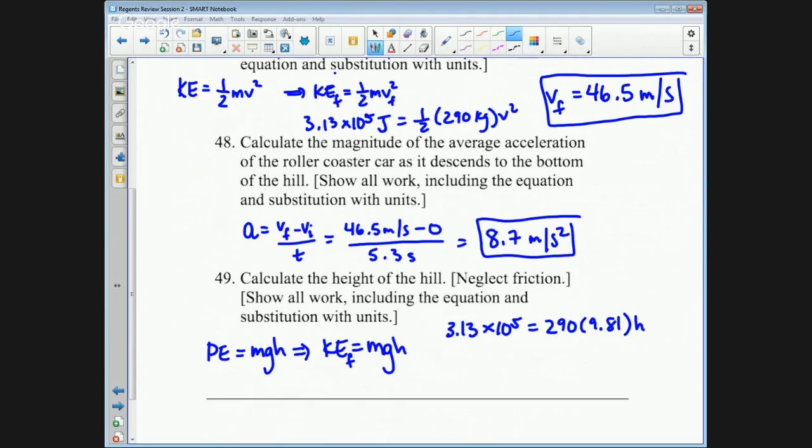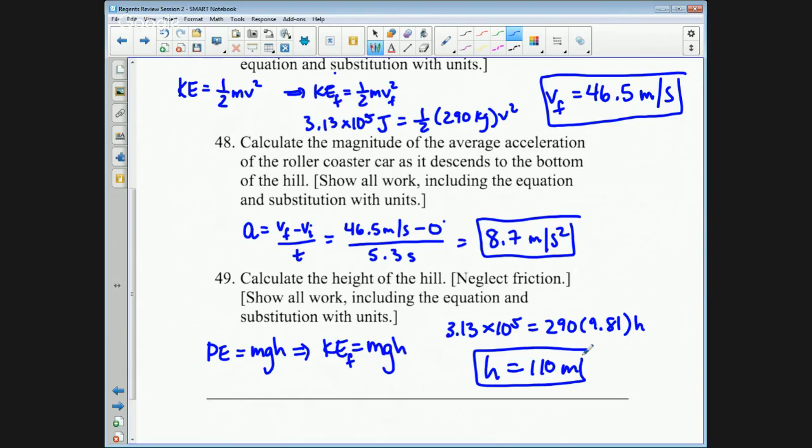Divided by 290, 290 divided by 9.81. So we get a height of 110 meters.